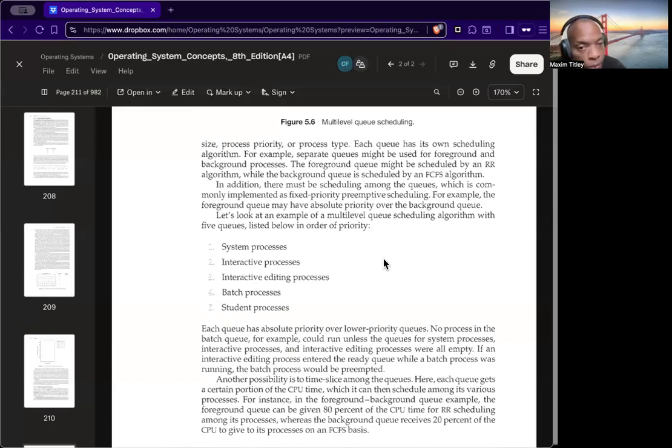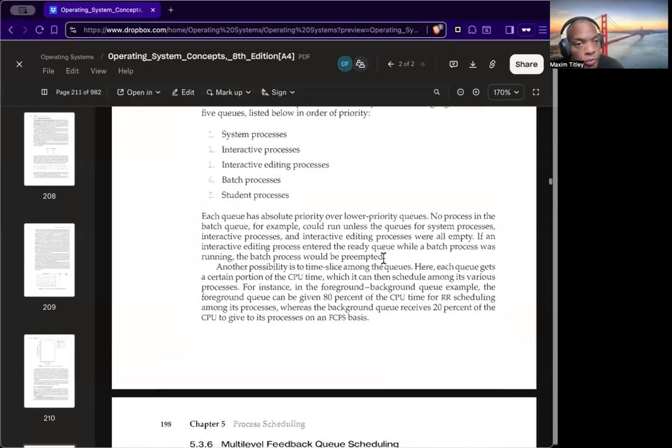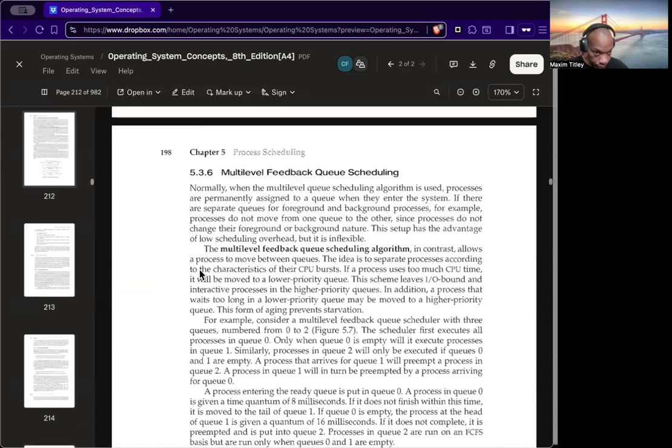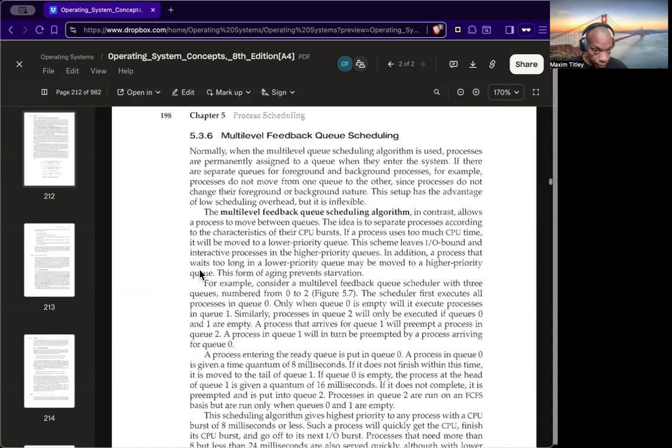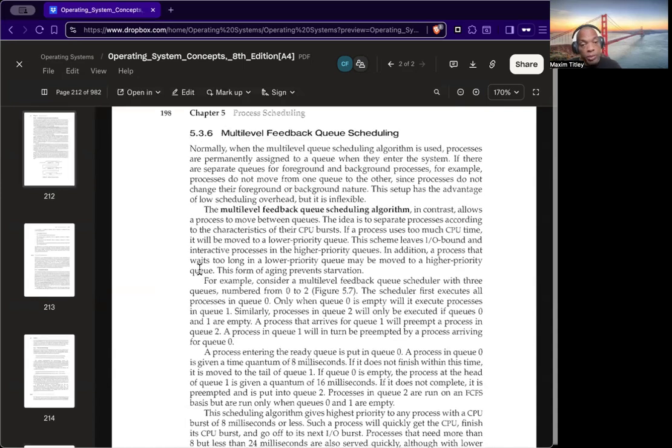So now moving further on, remember that we have different types of processes, and those processes also have their own priorities. Okay. There's also the possibility of a multi-level feedback queue scheduling algorithm. So this, in contrast to what we've had elsewhere, allows for a process to move between queues.